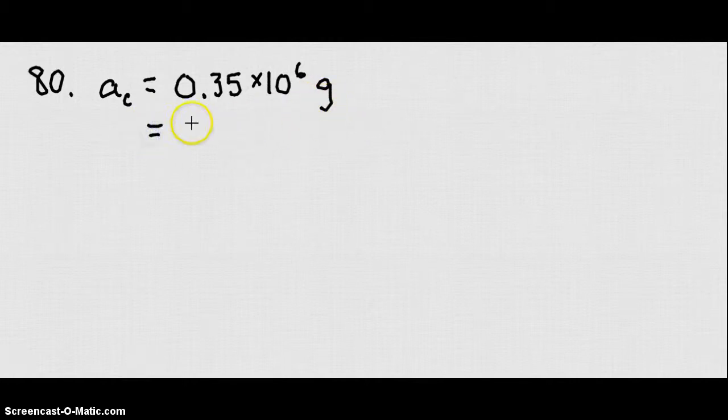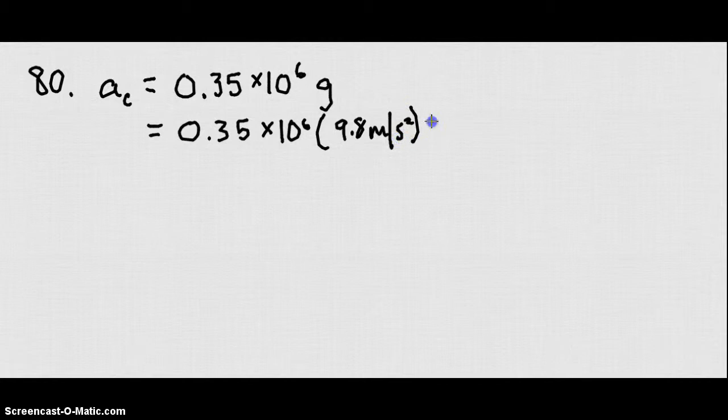We're going to change that to 0.35 times 10 to the 6th times 9.8 meters per second squared, and that's going to end up being 3.43 times 10 to the 6th meters per second squared.